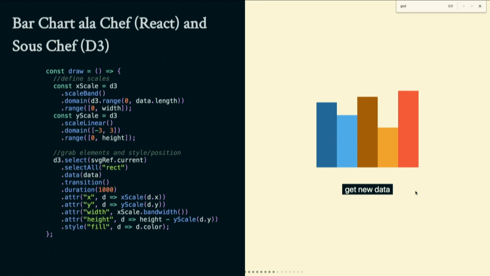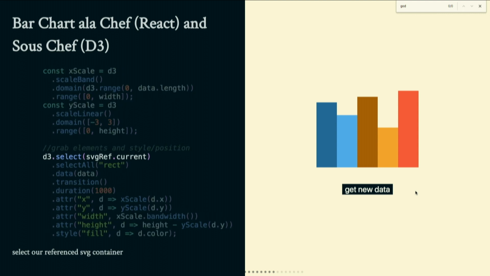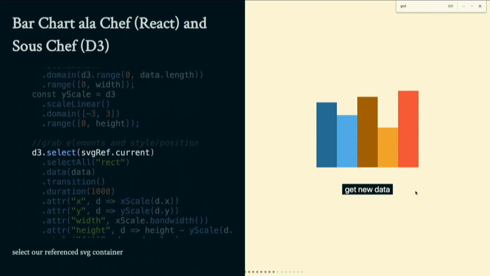And then we have our draw function, which again looks similar to what we saw. The only difference is that because we're using the useRef hook, we have to change this .svgref to selecting svgref.current. This gives us the element that we want.